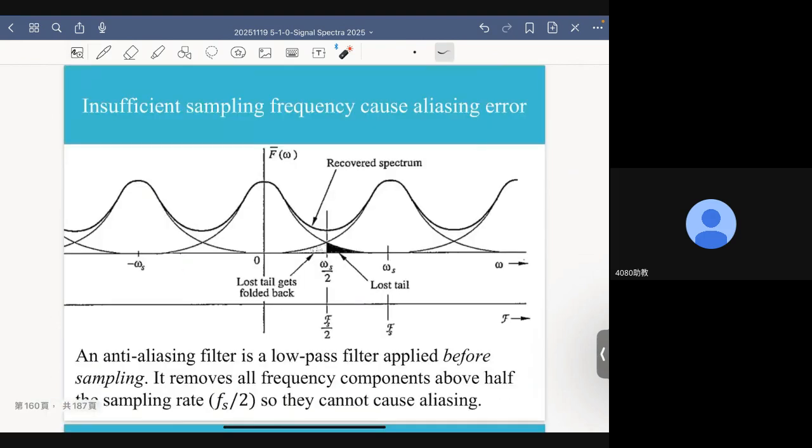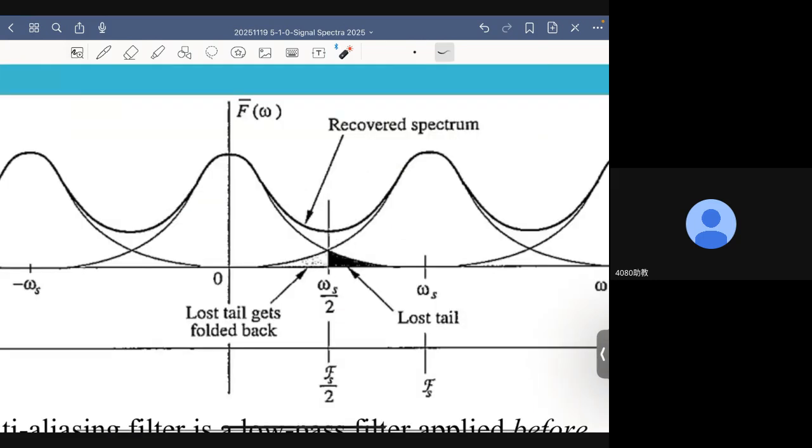All right, so they will overlap, and that will create distortions. What distortion? The distortion actually consists of two parts, because we still want to perform low pass filtering to remove this redundant part. Once I perform low pass filtering, then this tail will be lost forever.